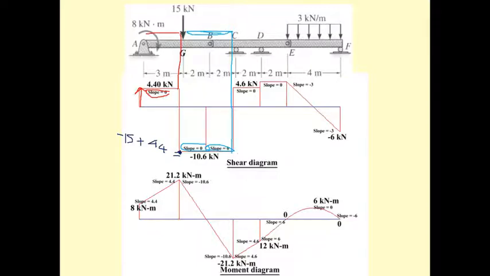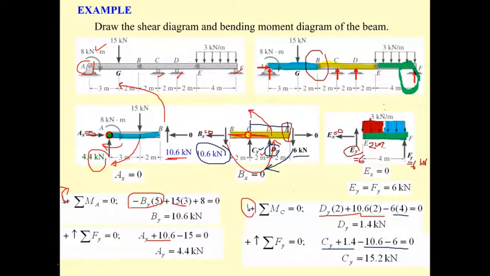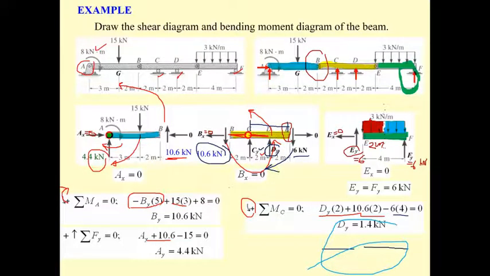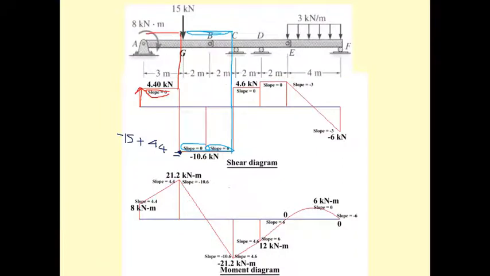Do you recall the C sub y? If you go back, C sub y is 15.2, and that means the force will push along this by the value of 15.2 up until here.